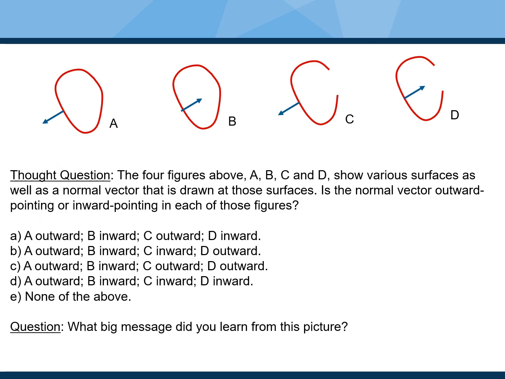So we made a lot about there being closed surfaces and closed surfaces being the only types of surfaces that are acceptable. Let's reinforce that concept. Here you see essentially 4 figures, A, B, C, and D. For each of those surfaces, you are shown a normal vector which is either outward pointing or inward pointing.